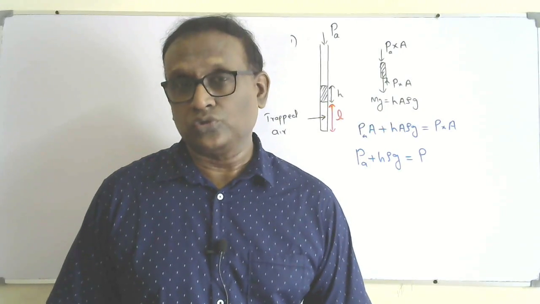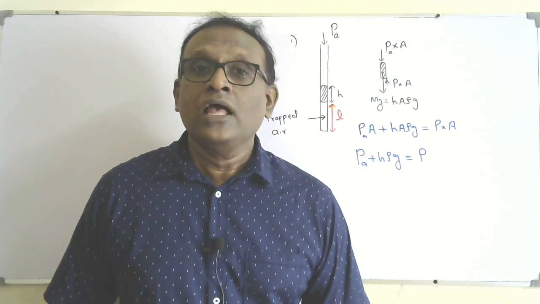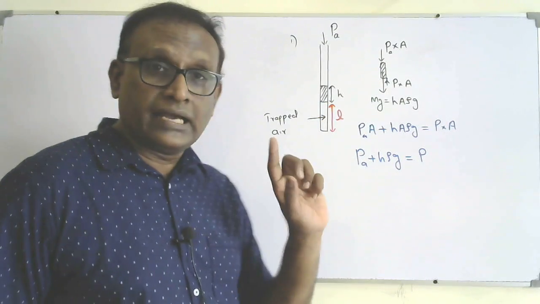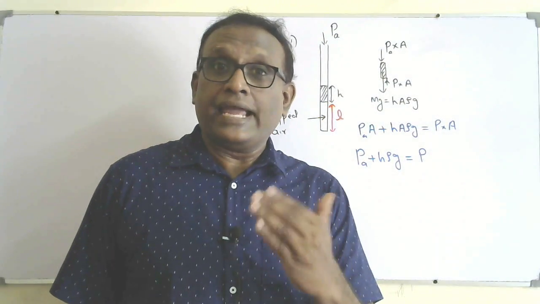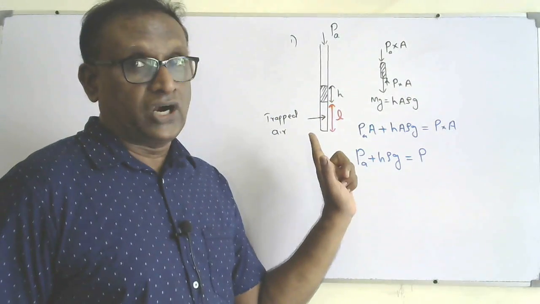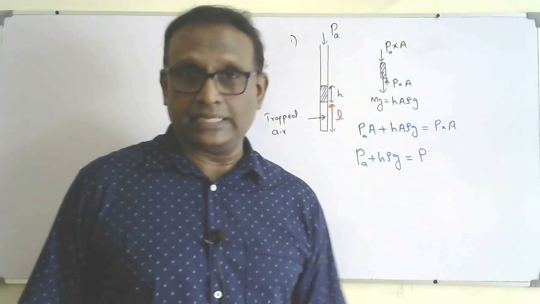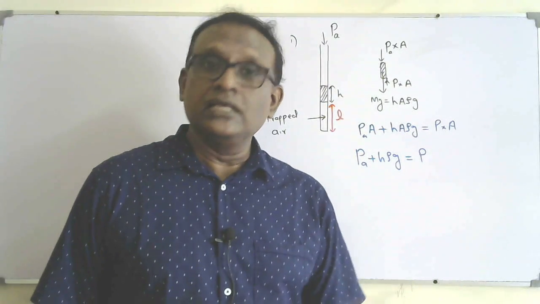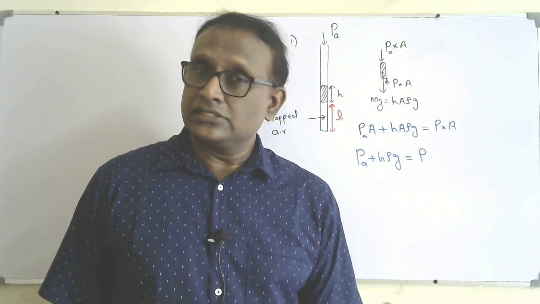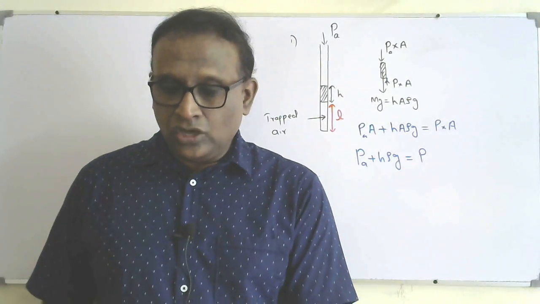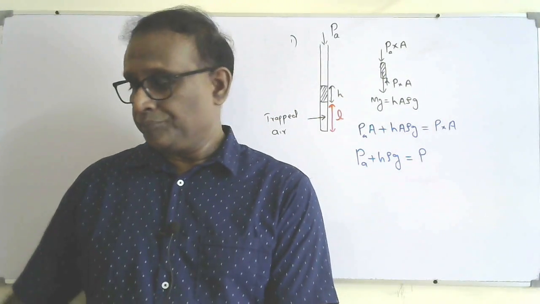So the answer could be like this. You can say, at 100 degrees Celsius, the trapped air might expand a lot and push the liquid column out of the capillary tube. So it can overflow out of the capillary tube. Then there won't be any trapped air. So the practical cannot be continued. That's the answer you should say for question number 1, B part.